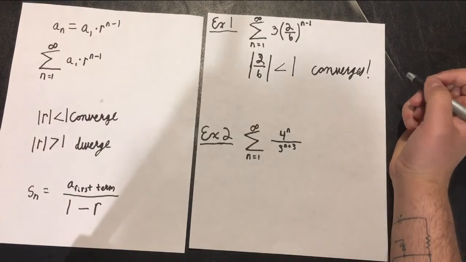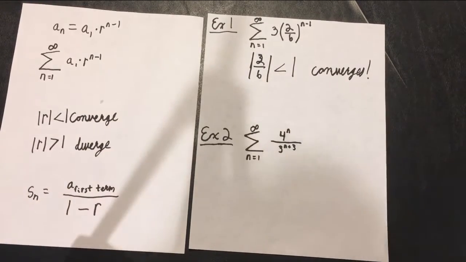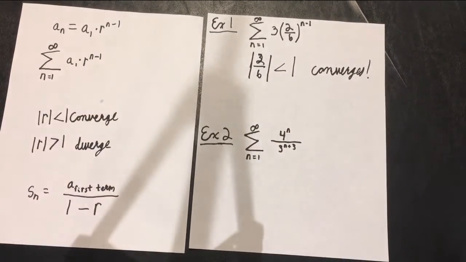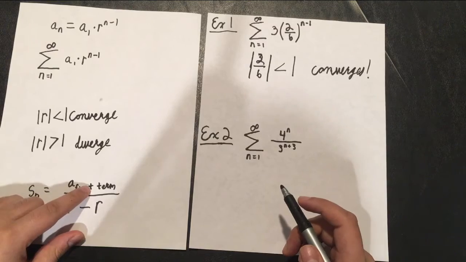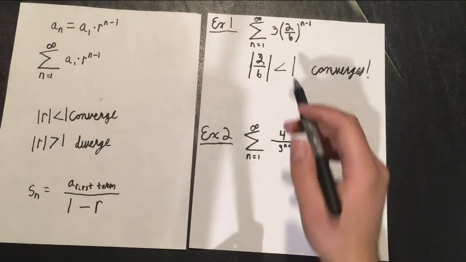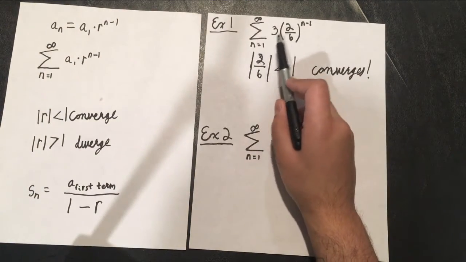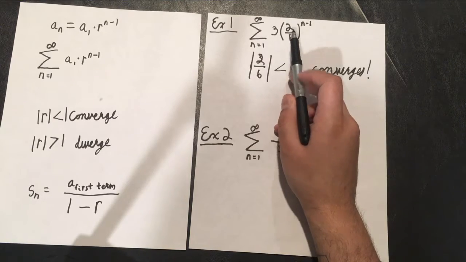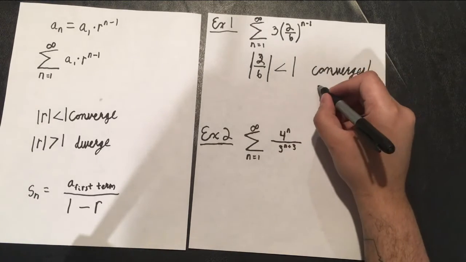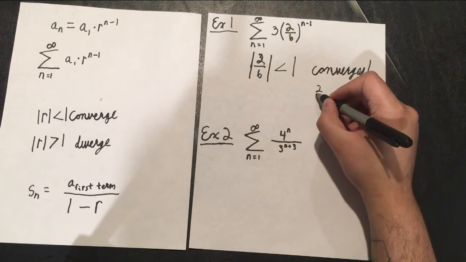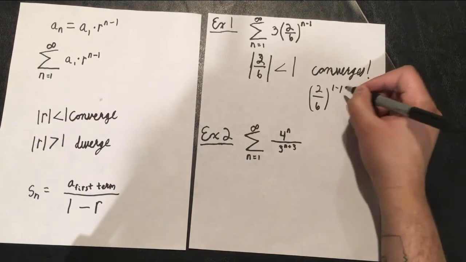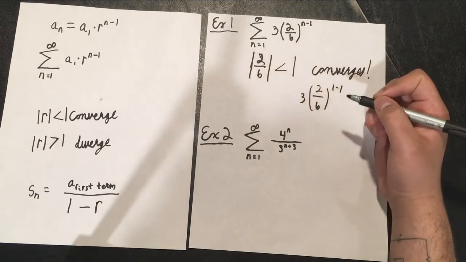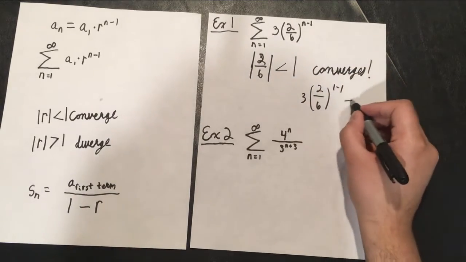Now we're able to figure out, okay, what does this series converge to? So first we need to find out what our first term is. Our first term is going to be when n equals 1, what does this value come to? So we have 2 over 6 raised to the 1 minus 1 power, multiplied by 3. And that's just going to come out to be 3.